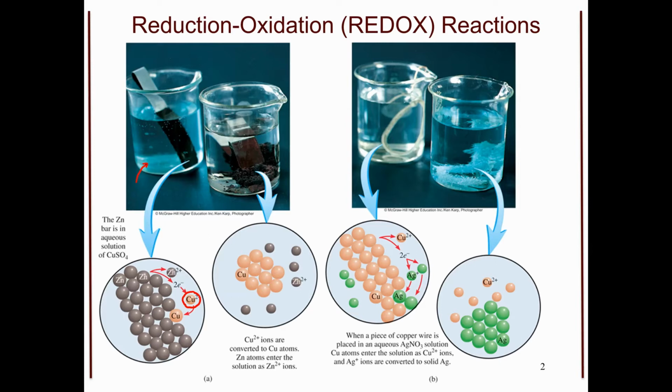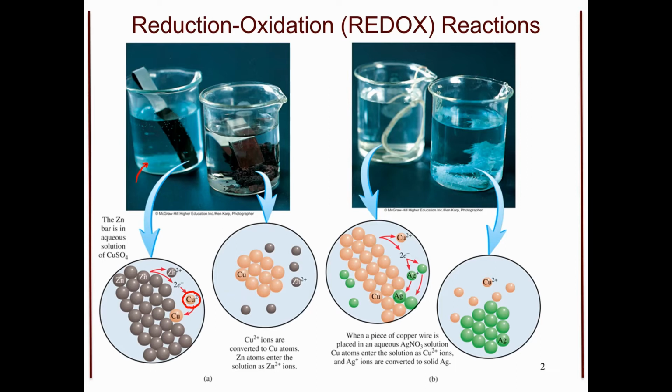In this case, remember that if you are losing electrons, this is going to be the oxidation. So our zinc is oxidizing, losing the electrons, and our copper is gaining them, forming our copper solid. So that is one type of redox reaction.